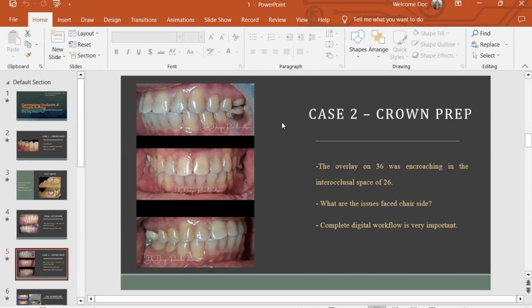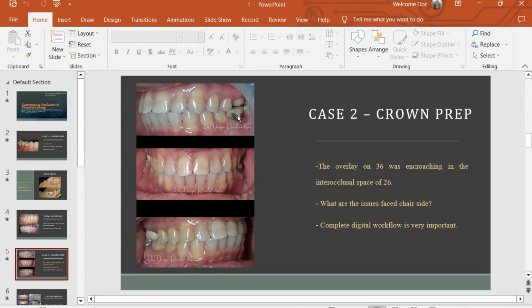Now, it didn't really matter whether he wanted an overlay or whether he wanted a crown. The fact was that the interocclusal space was very, very less. The reason for that is because the dentist who had cemented this particular overlay had reduced the upper tooth because there were high points. The patient is basically merchant navy.